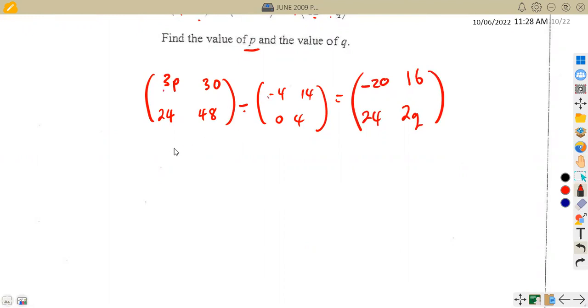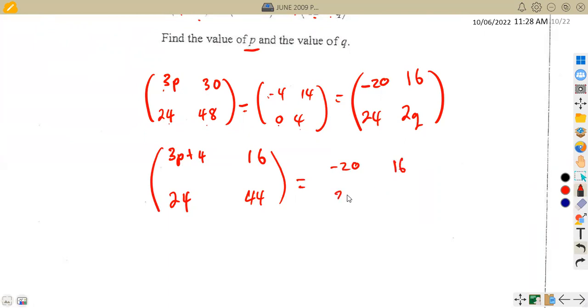Take note, minus and minus is a plus, so it's going to be 3P plus 4, 30 minus 14, which is going to be 16, all right? 24 minus 0 here, which is going to be 24. Then we've got 48 minus 4, which is going to be 44. All right, so this is what you're going to have here, equal to minus 20, 16, 24, 2Q, like that.